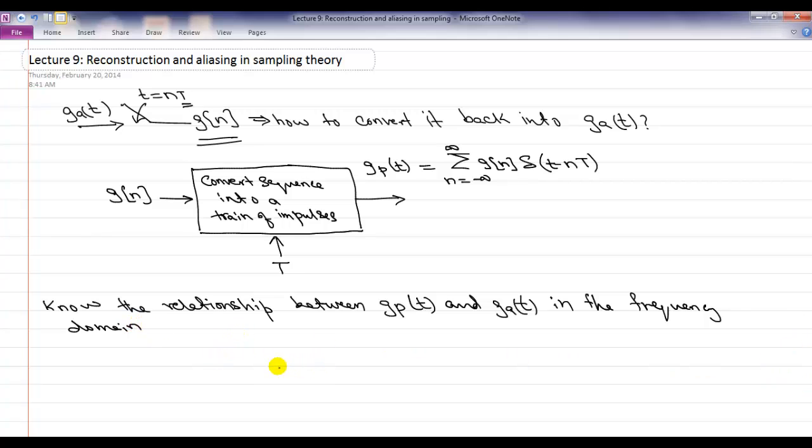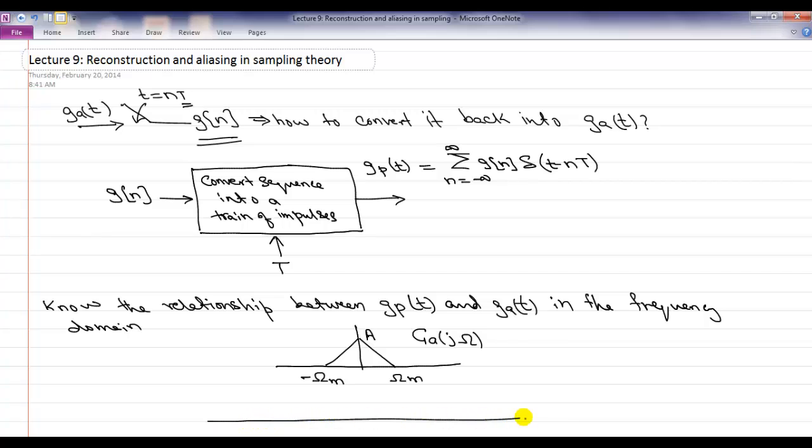And the relationship is, I'll just draw it here. Let's assume that your original signal had a Fourier transform of this with a height of A and this bandwidth of omega_m, and you made sure that T was such that you satisfied the Nyquist criterion. Then we know that your Gp(t) looks like the following.